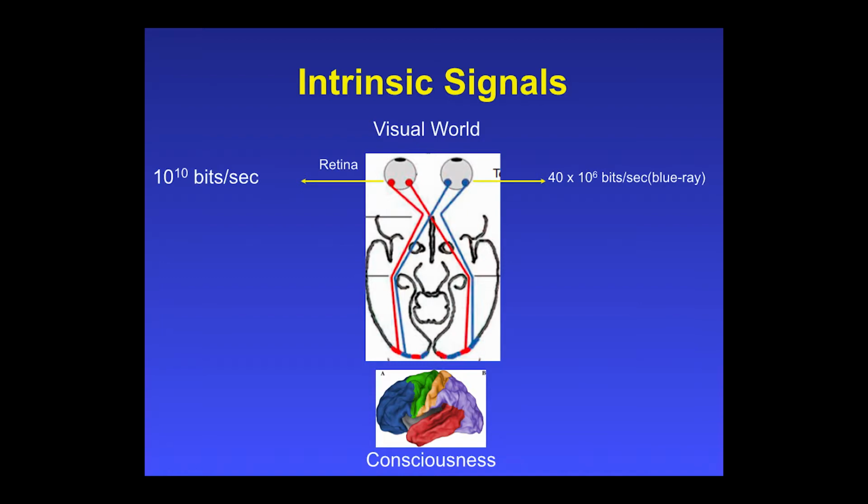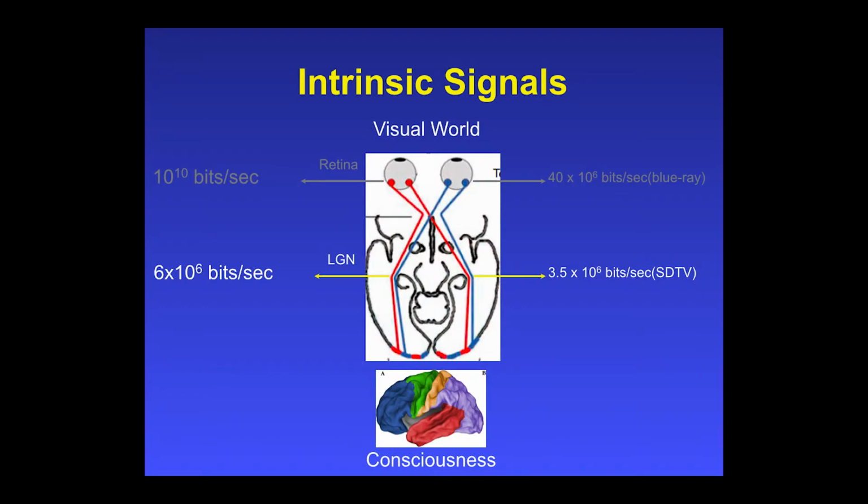That's about the same resolution that you have at home on your Blu-ray DVD. That information then travels to another part of the brain that we call the thalamus, and by the time it gets there, it's degraded down to about 6 times 10 to the 6 per second.